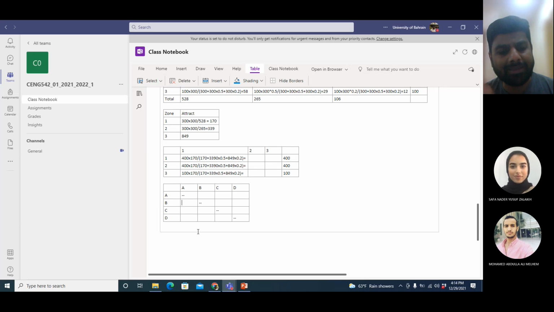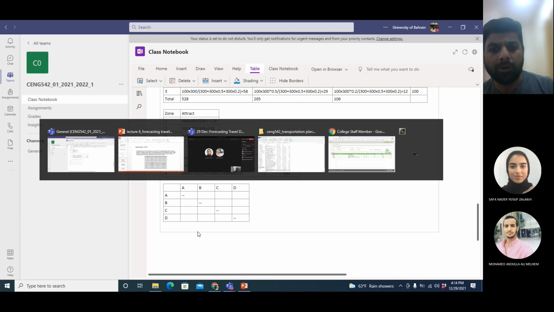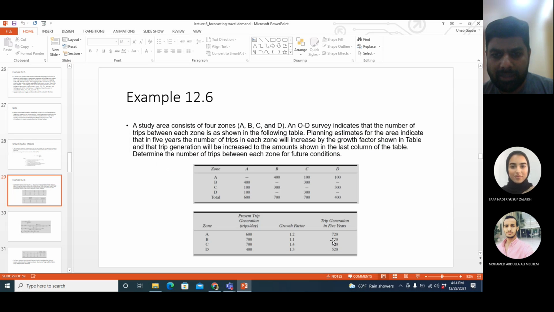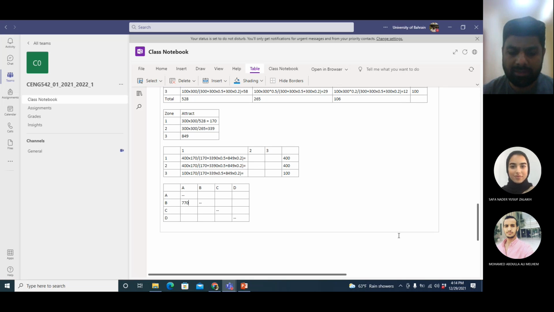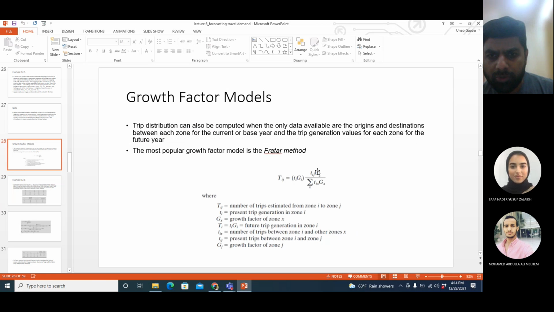First of all, I need the future trips for B. The future trips for B is 770. Then I multiply with this ratio, the current trips, and the growth rate for zone A, the destination zone, as I said earlier.